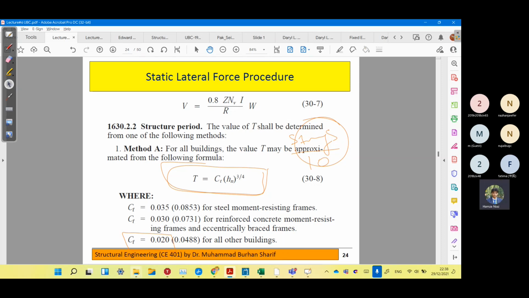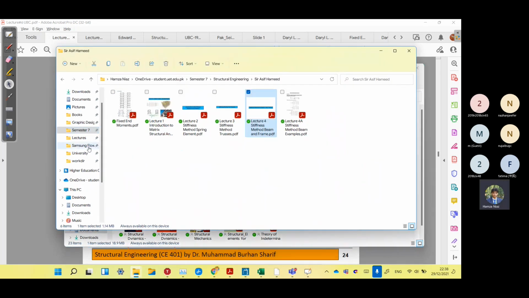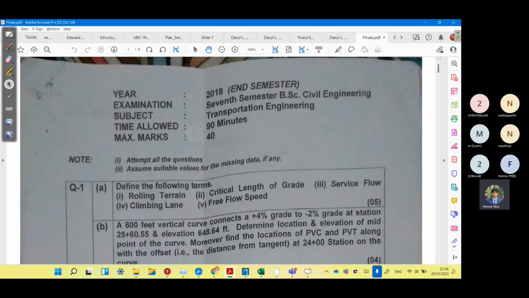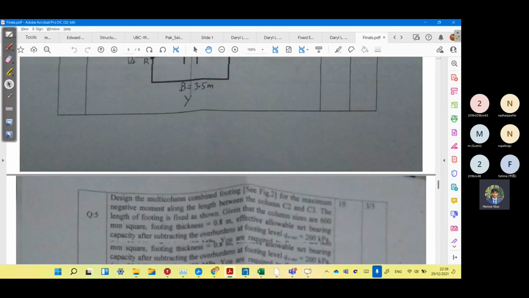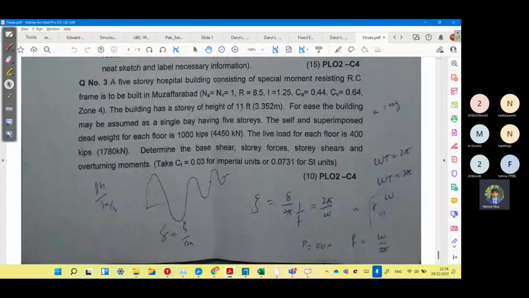One moment, I have the previous papers. This one. So actually, CT was given in that paper. Also, the factors from the tables were also given, but the formula was not given. We have to memorize this formula.